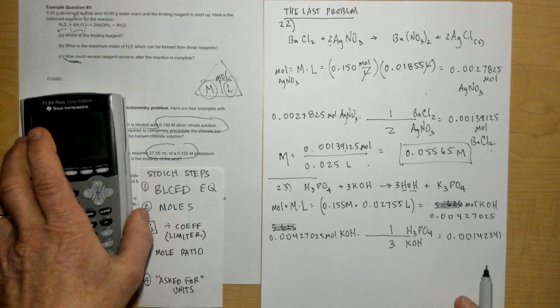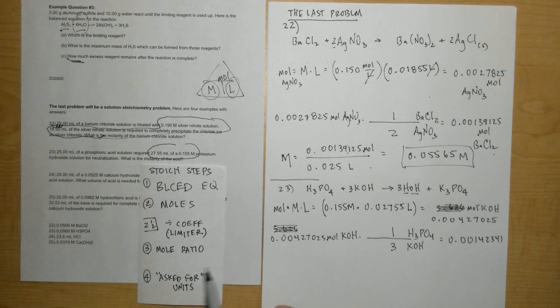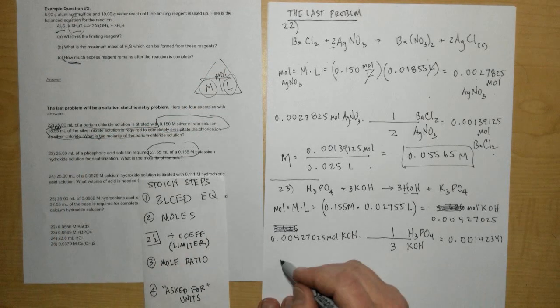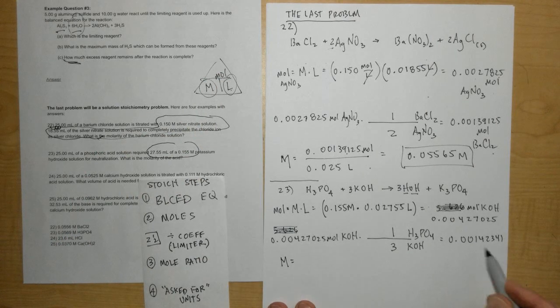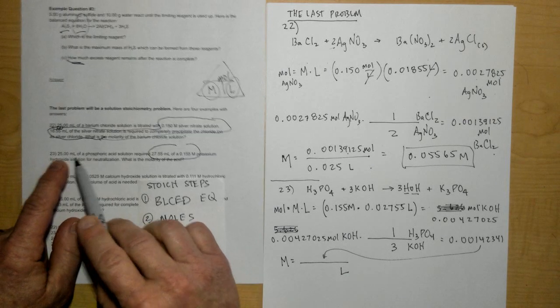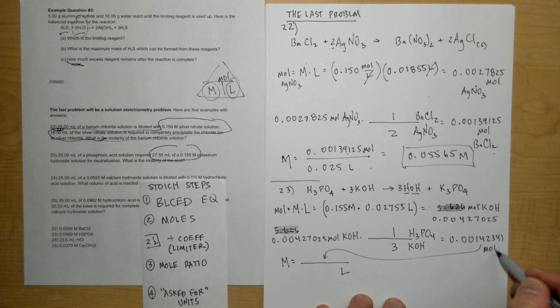And now my next step is to convert to the asked for units. And what do they want to know? They want to know the molarity of the acid. And so molarity is equal to moles divided by liters. So molarity is equal to these number of moles right here divided by the liters of the phosphoric acid solution, and there's 25 milliliters of that because this is my moles of H3PO4.